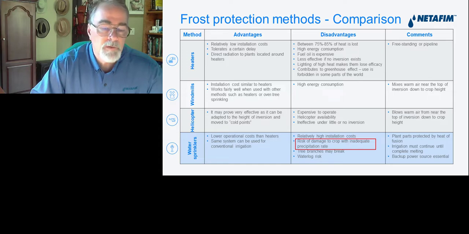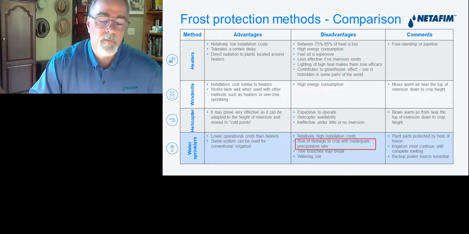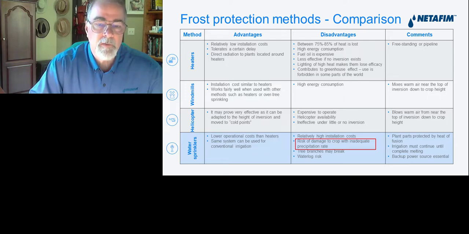And this is the most critical thing that you guys need to think about. And when you're talking with your irrigation designer, we need a specific precipitation rate. We have to apply enough water that's going to freeze and provide us a nice clear sheet of ice. If we don't apply the right amount of water, we're doing more damage. If we apply too much, we're also going to do damage because we're going to break the trees.